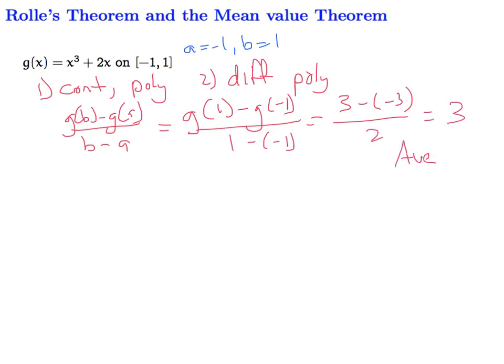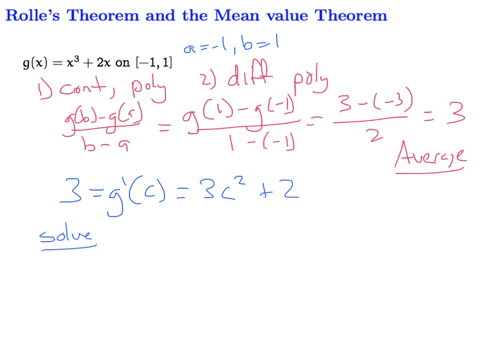So this is our average slope between these 2 points. Now we want to figure out where we achieved this average. We want to know where 3 equals the derivative of our function. The derivative of our function at c is going to be 3c squared plus 2. Now we need to solve.